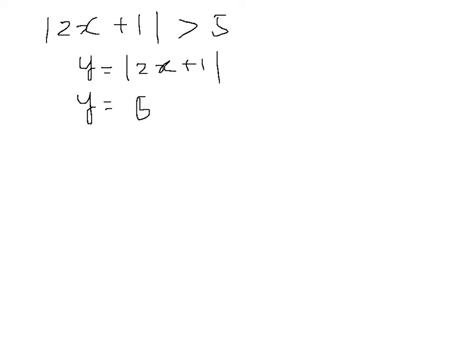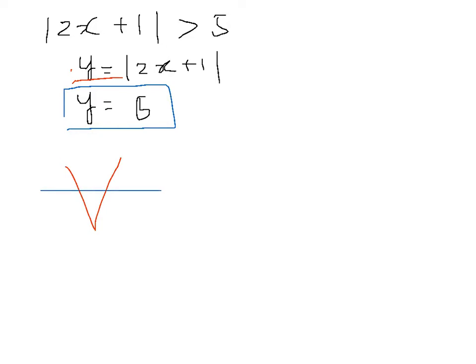Now we're going to graph these two things. As you know, the absolute value graph will be a V-shape, and this y equals 5 graph will be a flat line.